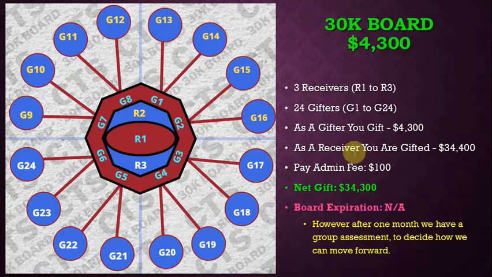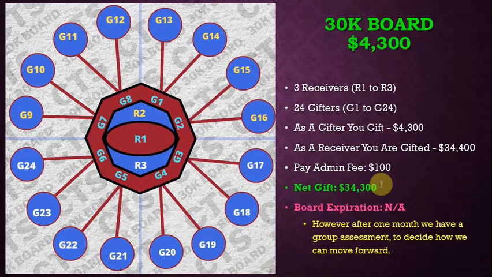So on this board, the 30K board, as a receiver, you are gifted $34,400, and you pay the administration fee of $100, and the net gift is $34,300 in hand. Again, if you notice here, that is $34,300 net. If you minus the original $4,300, you have $30,000 in hand.